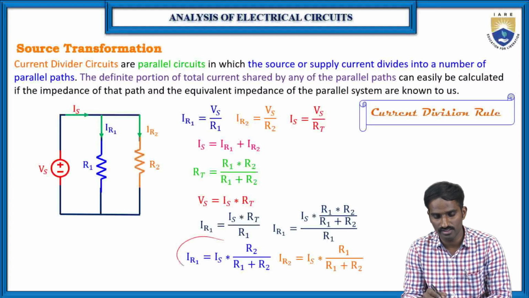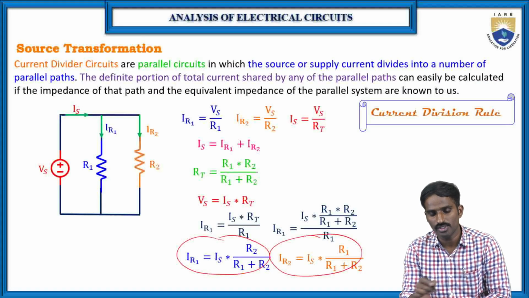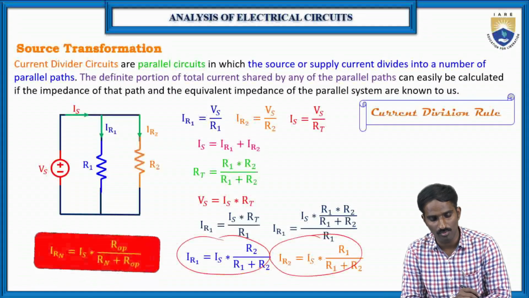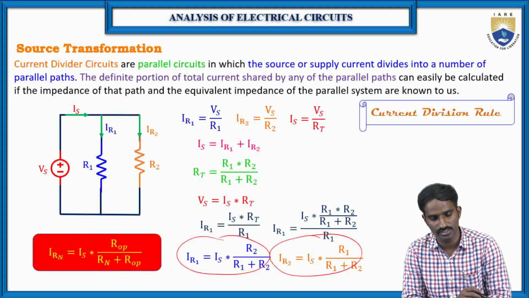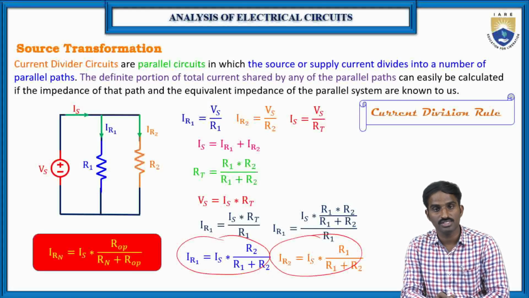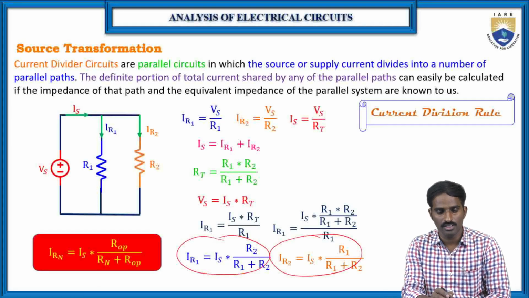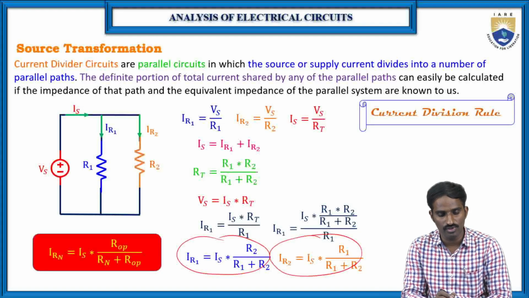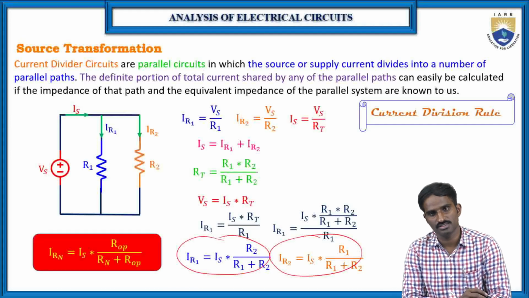This is how the current is divided across the circuit. In a common way, we can write IRn is equal to Is into R opposite by Rn plus R opposite. Here Rn is the resistance through which you want to find the current, and R opposite is the opposite resistance.